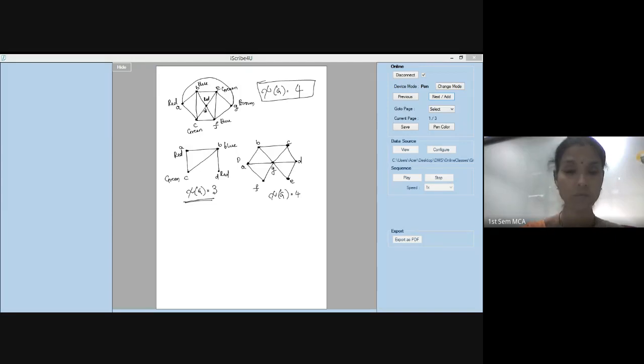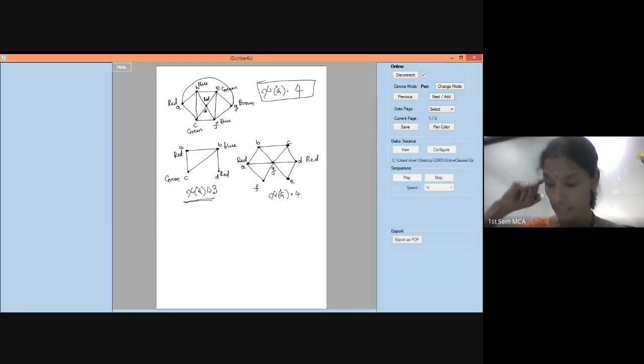A is red. Why this confusion, whether it is 3 or 4? A is red. So B, F, G cannot be red. I can make either D as red or C as red or E as red. Any of them I can make red. Let me call D as red. If I make D red, G can't be red, C cannot be red, E cannot be red.